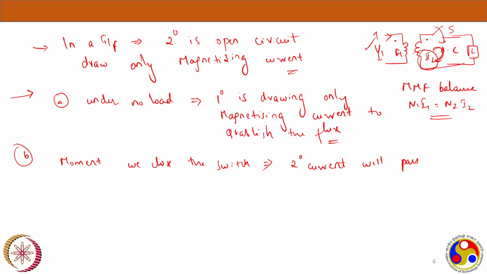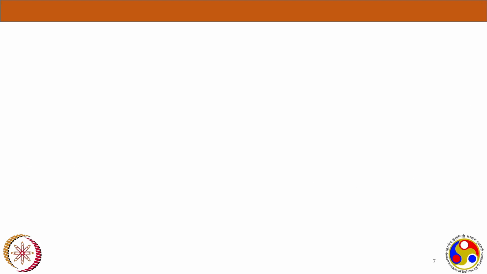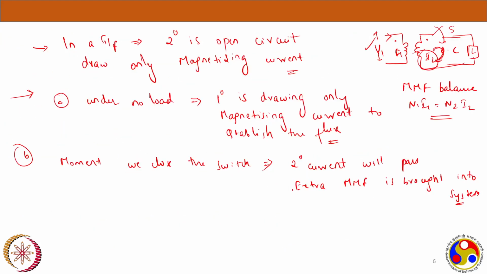So I'll write that also. Secondary current will pass, extra MMF is brought into the system. So what should my primary do to maintain the MMF balance?